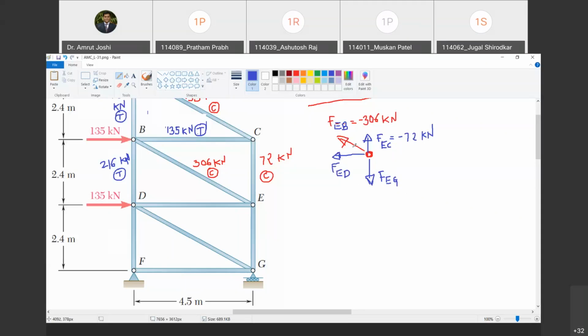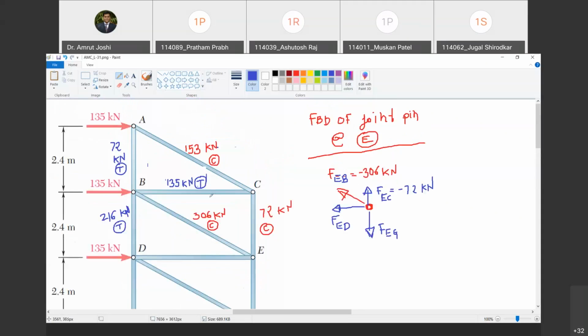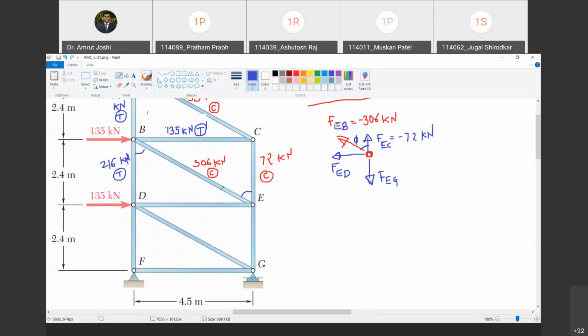Okay. And now what can you tell me about this angle? This angle is phi. Do you agree with me? Yes, sir. So this angle also has to be phi. I hope you have understood. Yes, sir. So is this free body diagram complete now? Yes, we have shown all the forces. Just give me a minute.